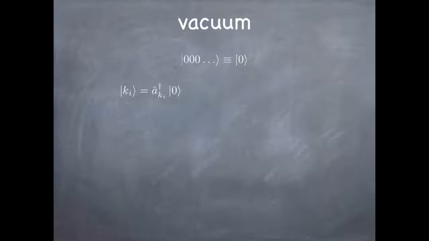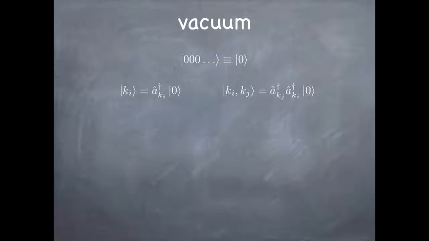So applying a creation operator to the vacuum puts a particle in a particular state, and if you put particle i in state k sub i and particle j in state k sub j, you can do that with two creation operators.